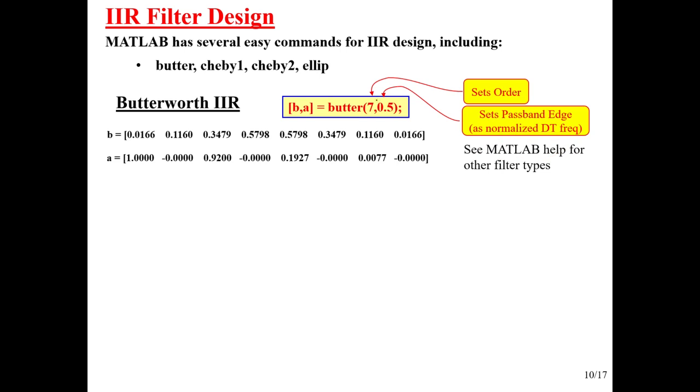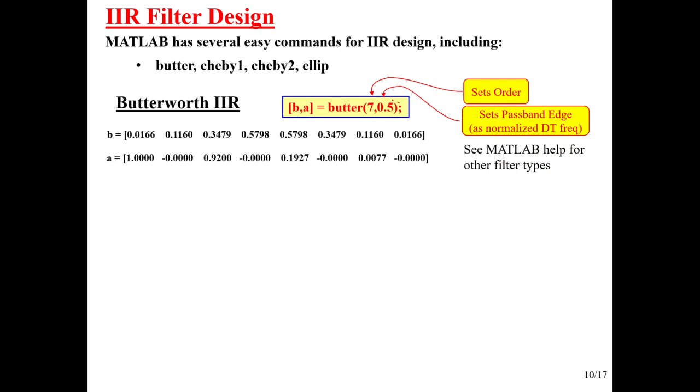You set the order of the filter, so that's going to be the number of coefficients in both numerator and denominator in this case, and you set the cutoff frequency, and it will automatically give you a low pass filter. Again, there are ways to design high pass and band stop and so forth. You can find those other filter types just by going to MATLAB help and typing help butter.